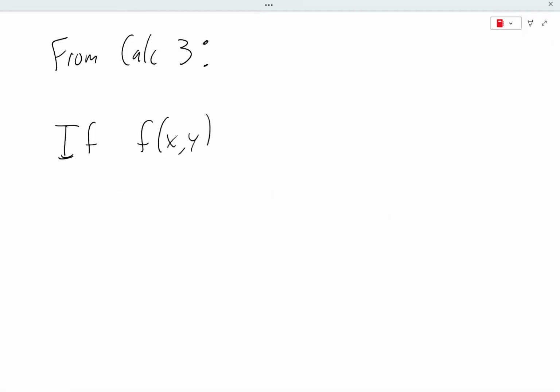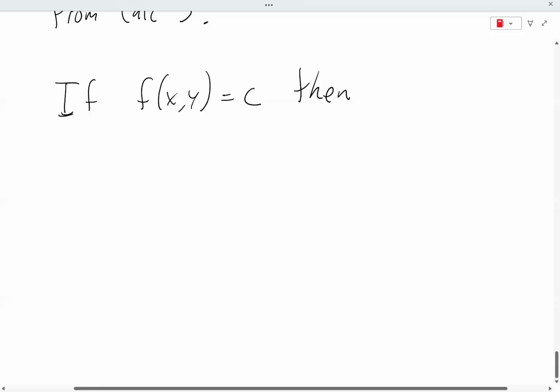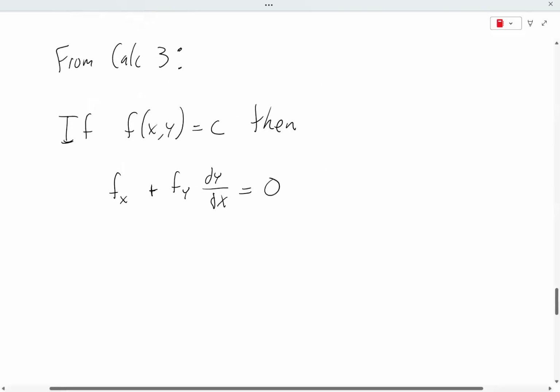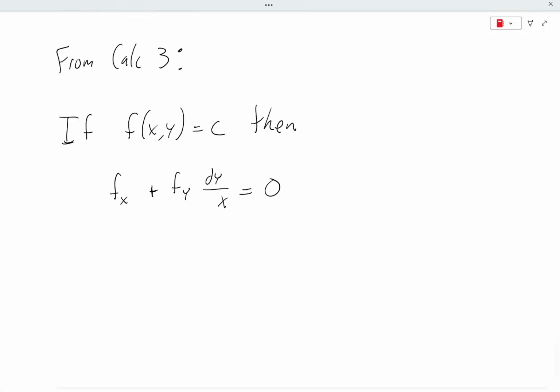If you have f of xy equals c, like this, then it turns out you can write this here. So if f of xy is equal to c, then it turns out, and this is like an ordinary derivative here, I'm sorry, dy dx, like this. Okay.